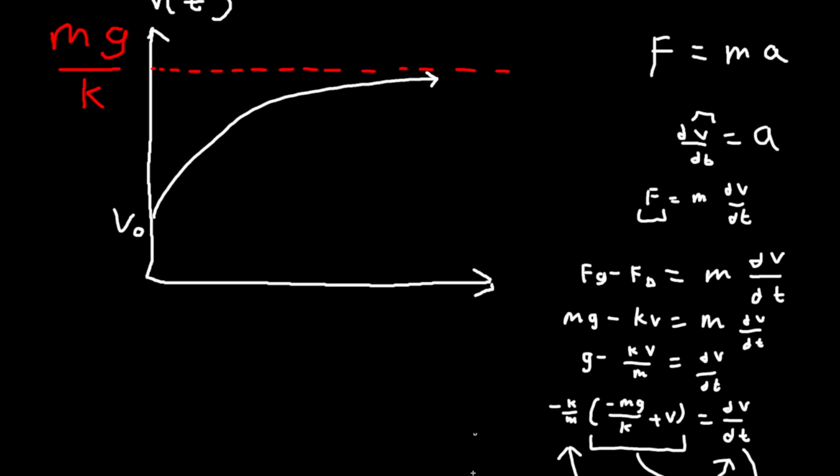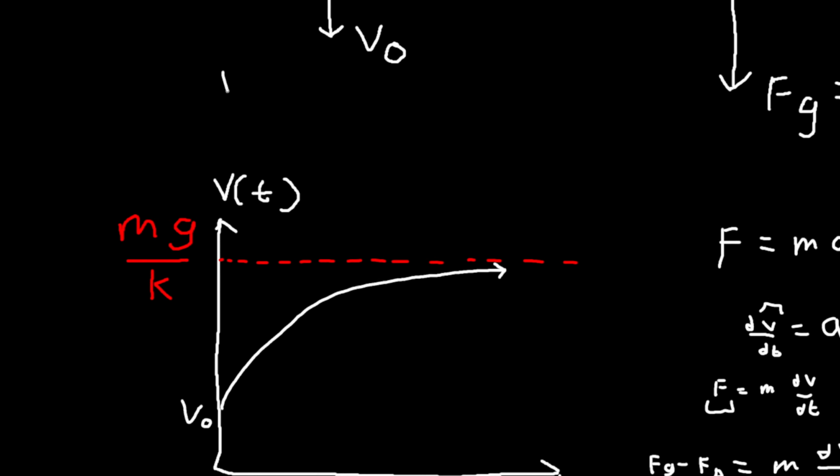Additionally, if we want to consider situations where you're starting faster than terminal velocity and then you reach terminal velocity still asymptotically, this still works. The reason is because the initial velocity is greater than this, and any velocity like here or here is still going to be greater than this.